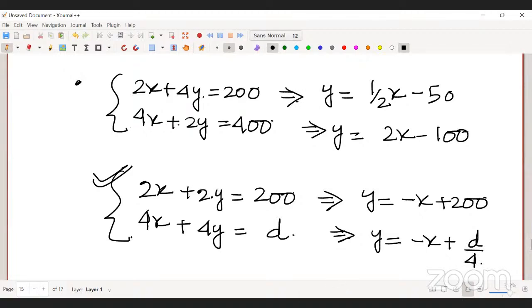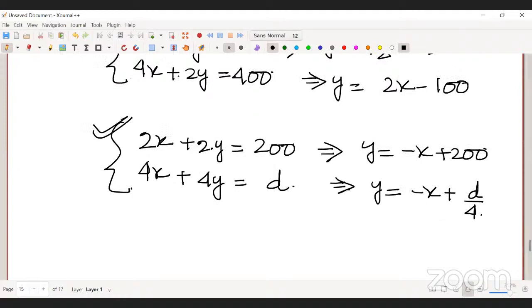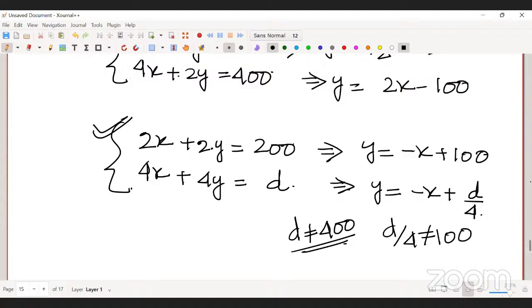Let me check whether I made a mistake. So it's given that D is not equal to 400, right? That means D by 4 is not equal to 100, correct or not? Yes, sir.